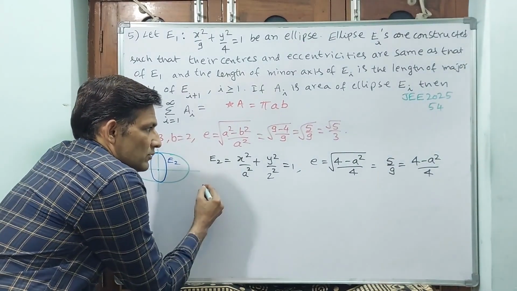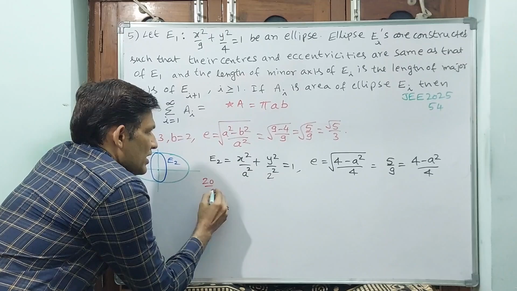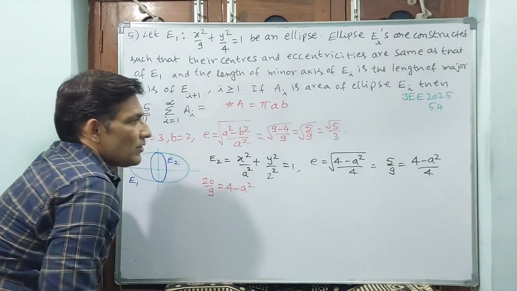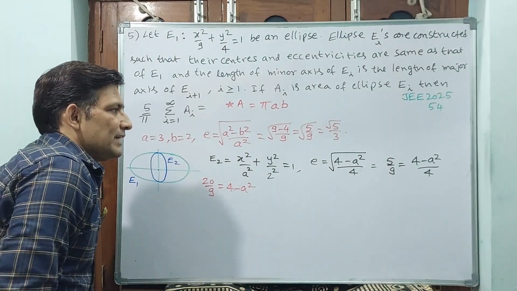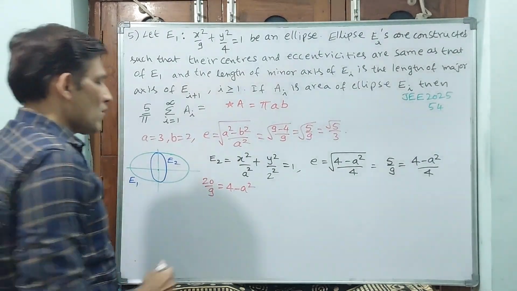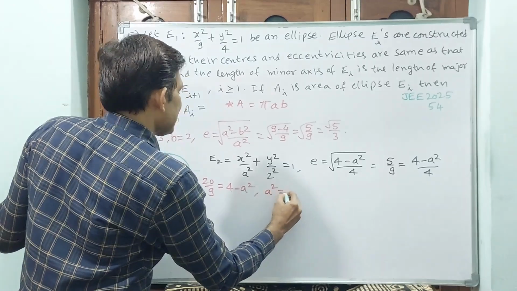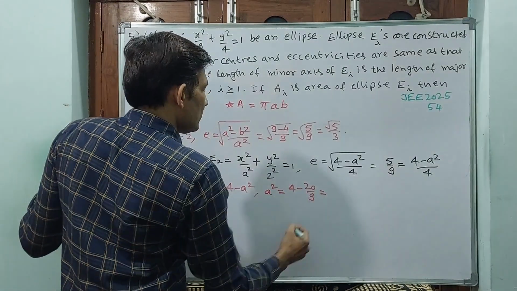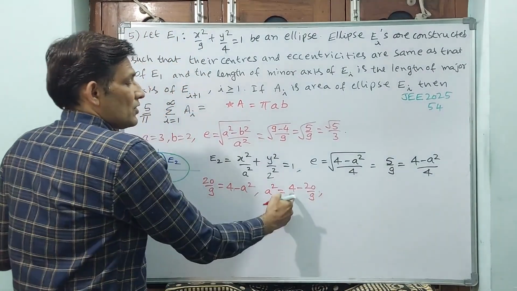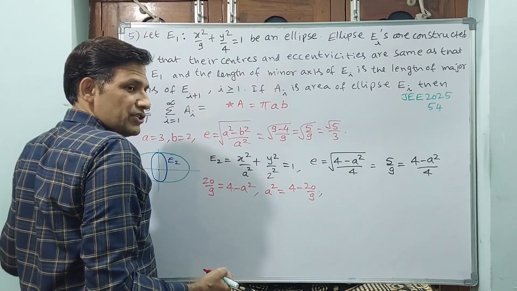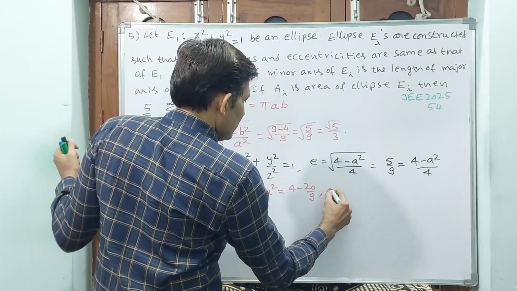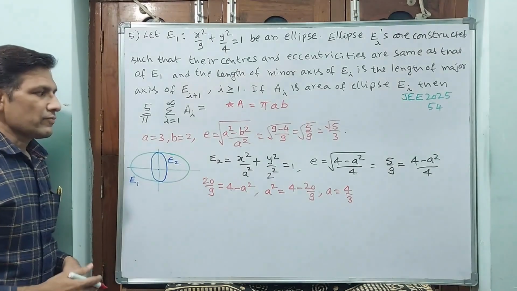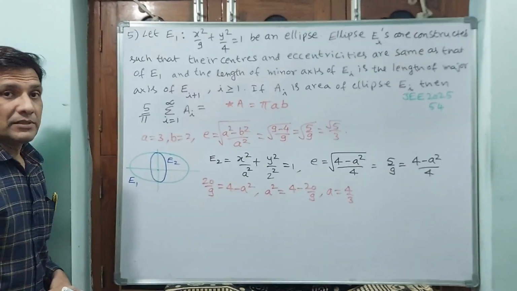Now 5 into 4, 20 by 9 is equal to 4 minus a square. Now you want a square. A square is equal to 4 minus 20 by 9, that is 36 minus 20, 16 by 9. So a is equal to 4 by 3. Definitely you have to accept it.